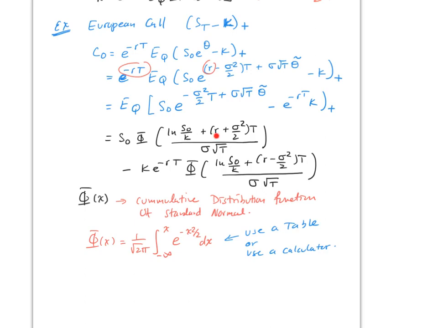It only requires the interest rate and the volatility, the expiration time, the strike price, and the initial value of the stock, which you know all of this. The only thing you have to be careful about is that to compute this, you will need a normal table or a calculator.